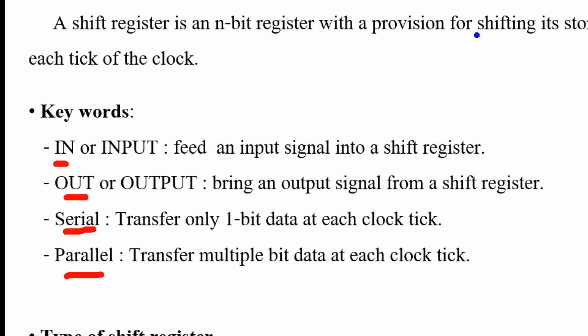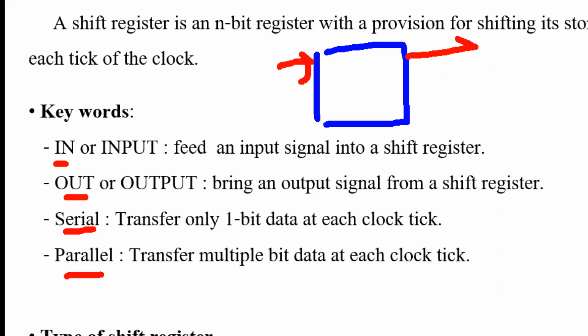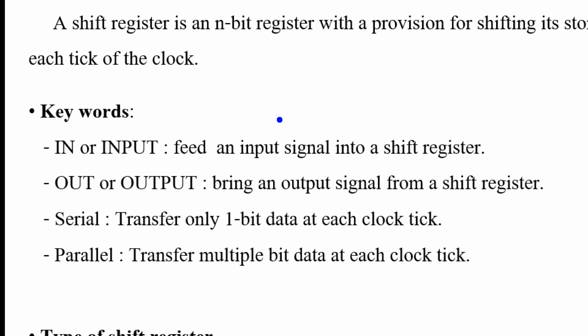Some keywords that you should know are input, output, serial, and parallel. Pretty easy, right? For input, for example, this is the circuit of the system. This is input, and output. For serial in, the system will read data only 1 bit when the clock ticks. This is serial in. And how about parallel in?